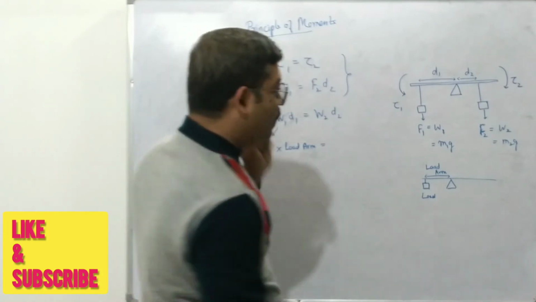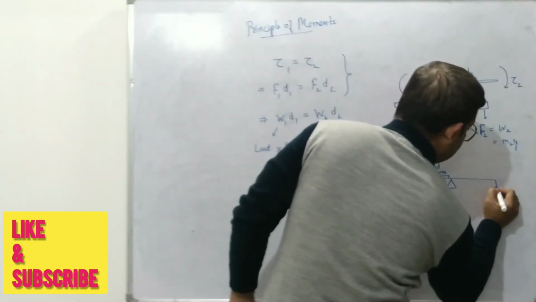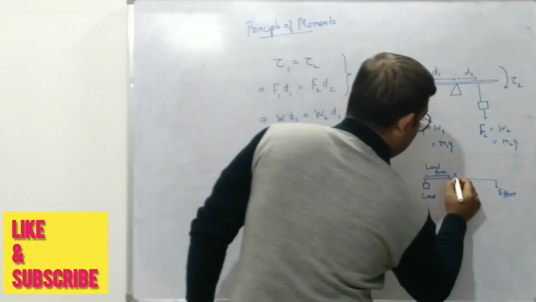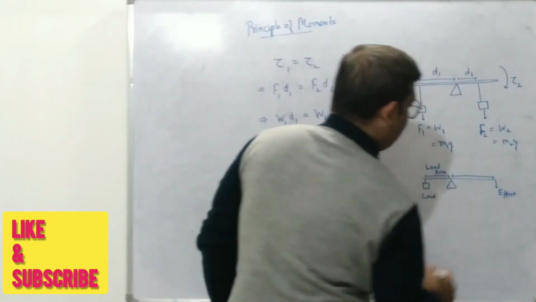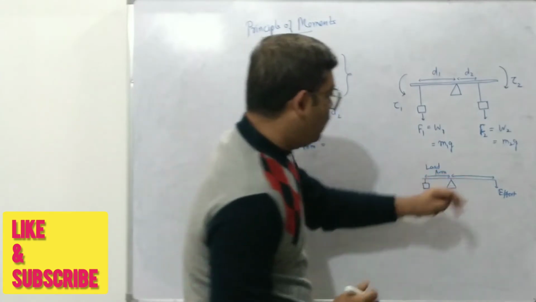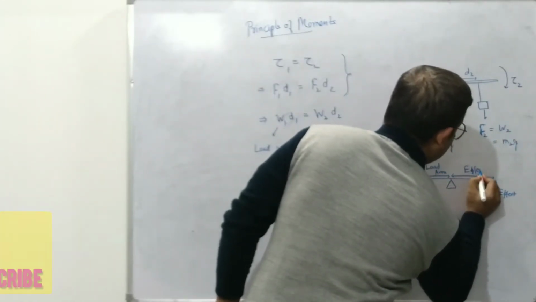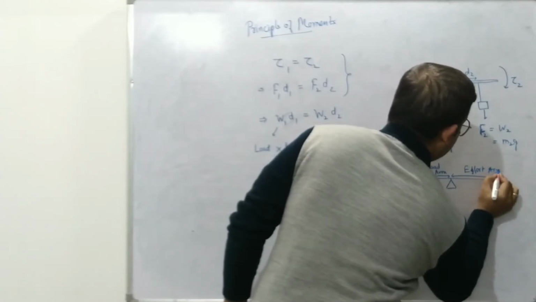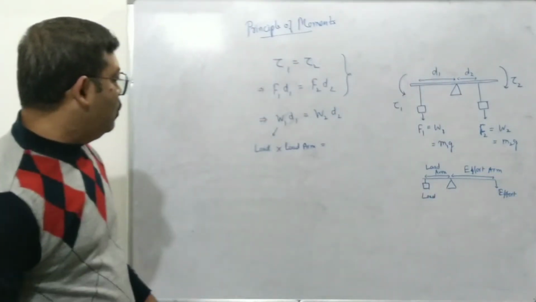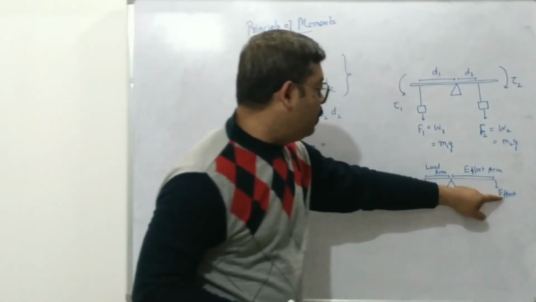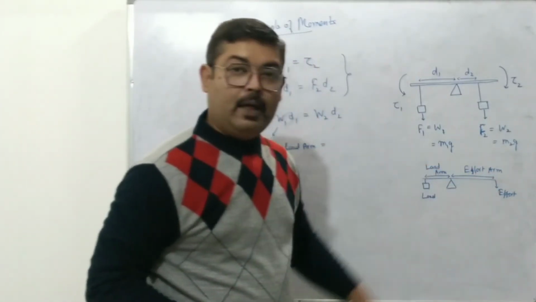Then on the other side, we have to apply a certain amount of effort. The arm at whose end we apply the effort is known as the effort arm. So W1 is the load, D1 is the load arm, W2 is the effort, and D2 is the effort arm.